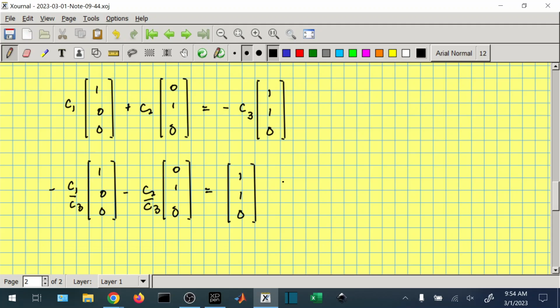And see, the third one, 1, 1, 0, is a linear combination of the other two. In this case, C1 is 1 and C3 is negative 1, and C2 is 1. But aren't there infinitely many possibilities, just as long as C1 over C3 and C2 over C3 turn out to be 1s? Okay.